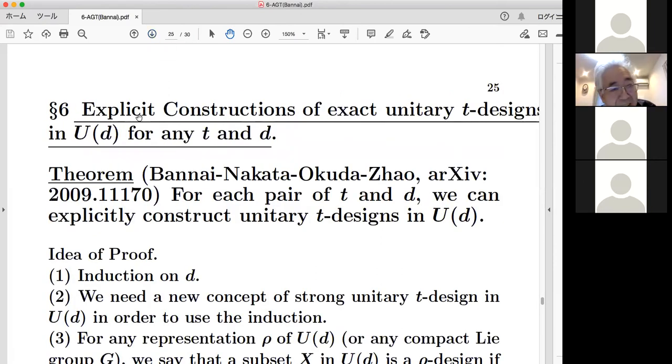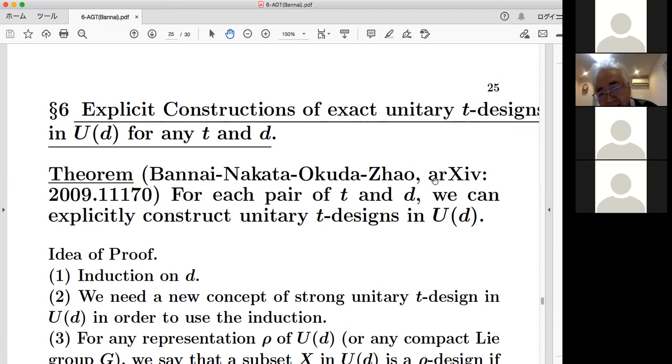Now, this is our main result, namely, we want to discuss explicit construction of unitary T designs. This is a joint work with Nakata and Okuda and Dajao.